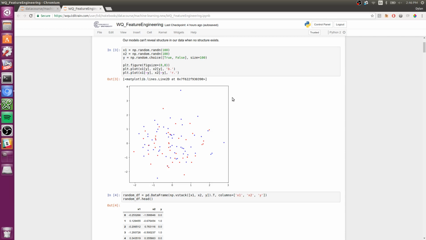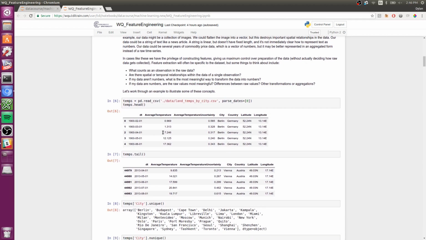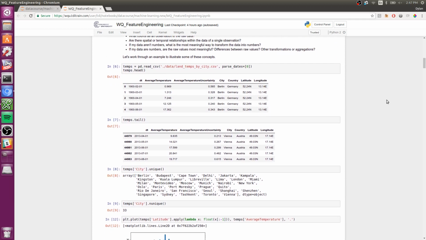It might be images or audio or text, or it could simply be time series data that we want to summarize in some kind of way, or any other number of things, in which, in order to create a data set that we can actually pass to a machine learning model, we first need to extract certain features.